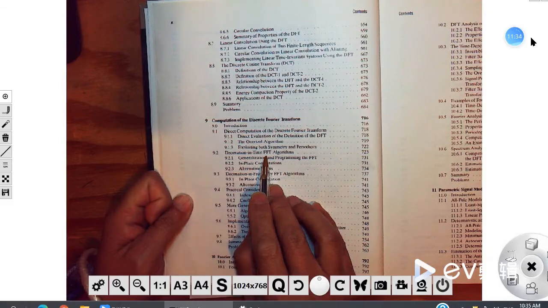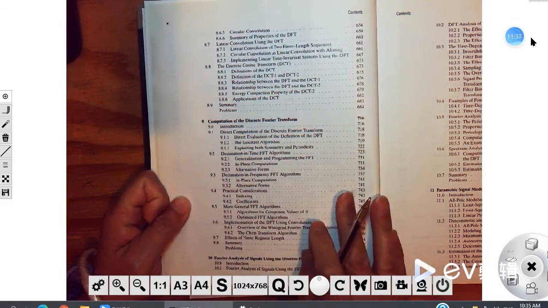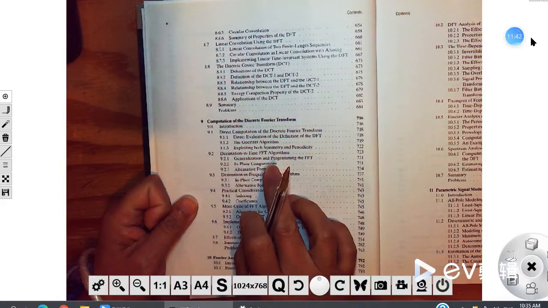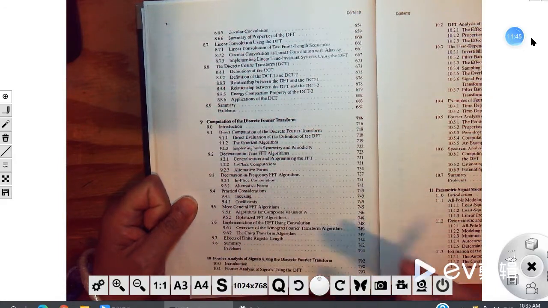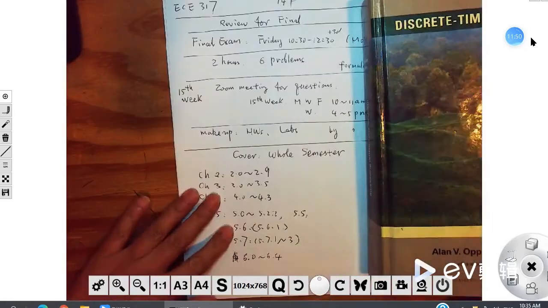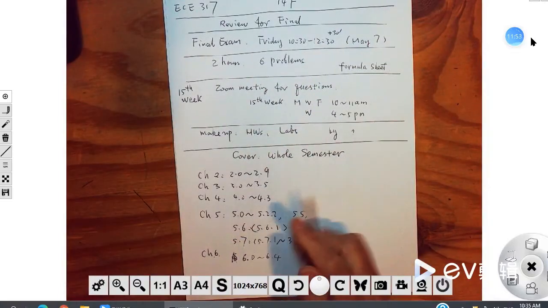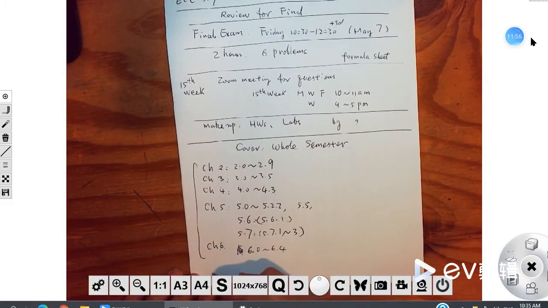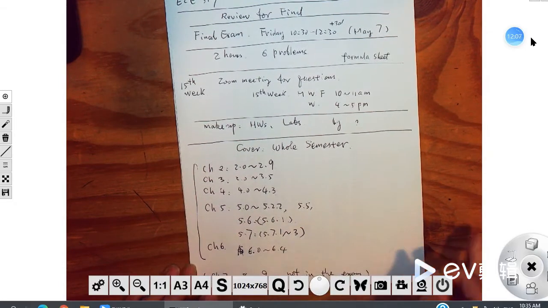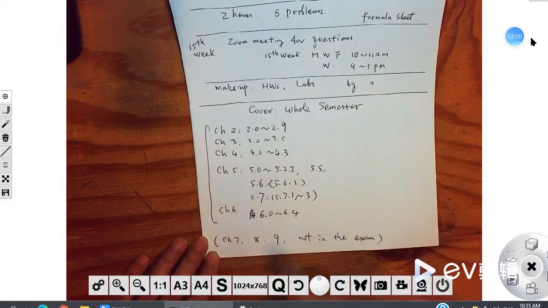If you are interested, you can try to write your own computer program for the FFT algorithm, but it is not included in the exam. So chapters 7, 8, 9 will not be in the exam.